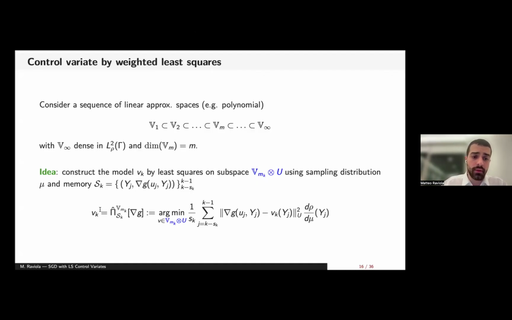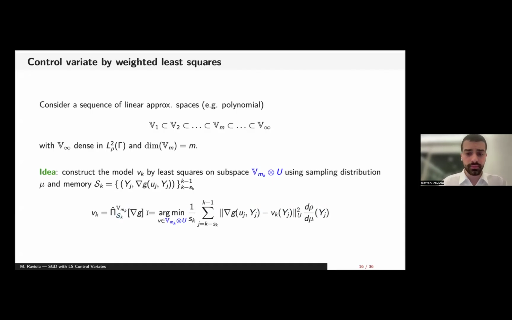And so essentially we define v k as this projection onto the space V M k using memory S k of the gradient of G. And this is the weighted least squares fit, and then we essentially fit these data points that we have from S k.